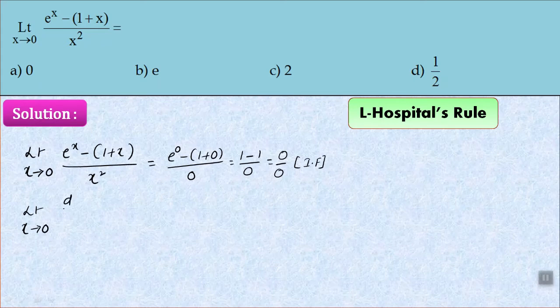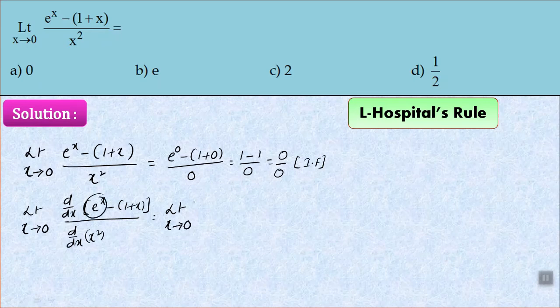respect to x, we get d by dx of e power x minus (1 plus x) divided by d by dx of x square, is equals to limit x tends to 0, d by dx of e power x is e power x, minus d by dx of 1 is constant 0, minus d by dx of x is 1, divided by d by dx of x square is 2x.